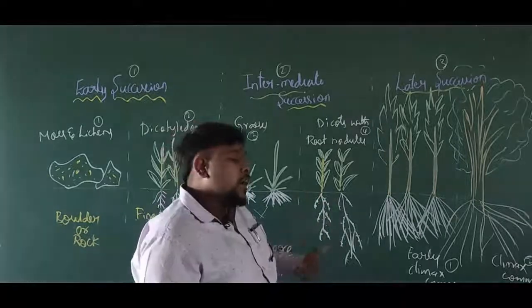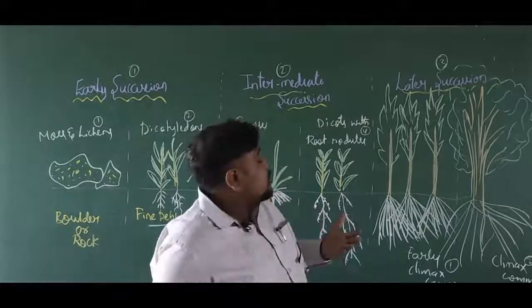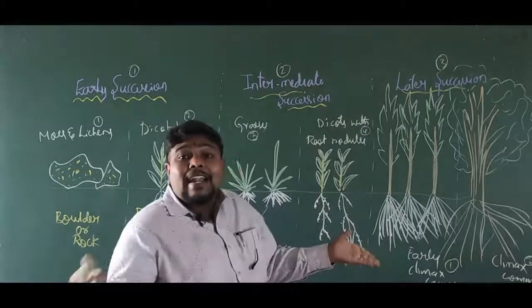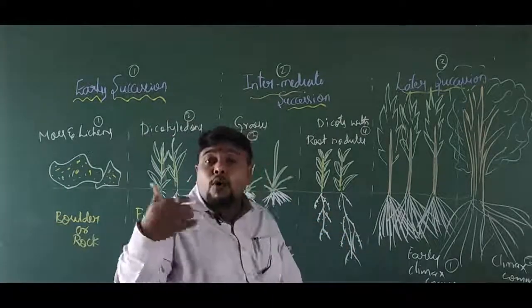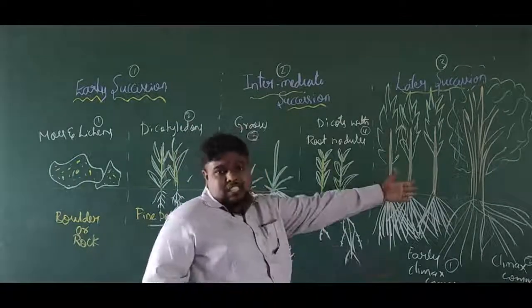You know that root nodules help in nitrogen fixation. Once these plants with root nodules grow, they increase the nitrogen fixing mechanism. Hence the soil becomes much more fertile for the next stage, the later succession stage.